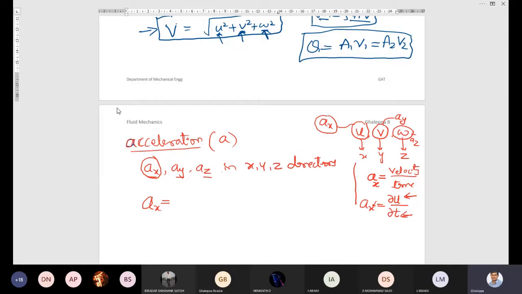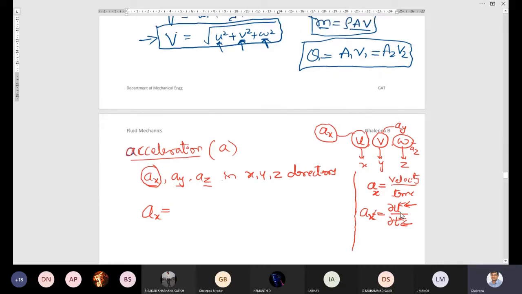Okay, now dear students, look at this equation. Here this acceleration is a dependent property, dependent on u as well as dependent on t. So indirectly the u is also dependent on other variables.